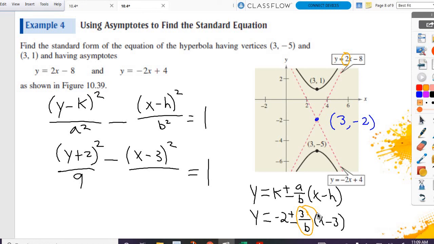So the only thing that's going to be in front of the x is 3 divided by b. So that part has to be our slope. Are we all okay with that? Well, if I know that this is my slope, and I know that our slope has to equal 2, what can we do? 3 divided by b equals 2. So how do we solve for that?